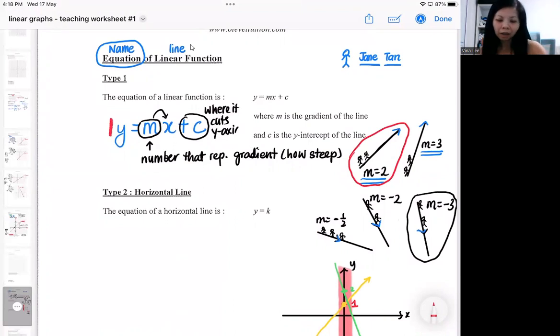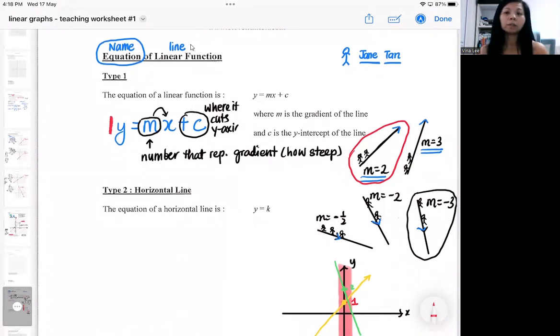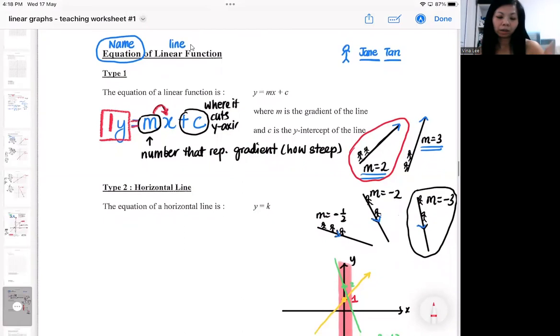For the line, we have a specific structure: y equal to a number with x. This number with x tells me whether the line is going to fly up or down. And then the last number will tell me where it cuts the y-axis. So this is the most important line. If I can see the numbers, I have an idea how the line will look.